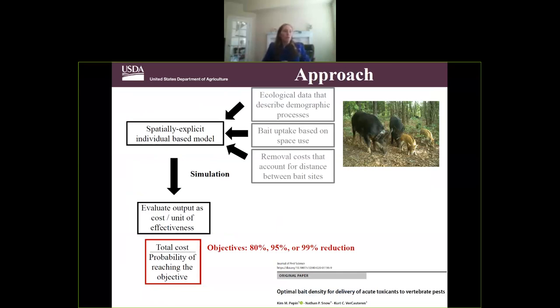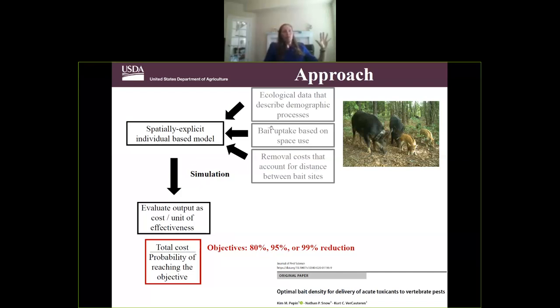We looked at these questions using a spatially explicit individual-based model. This model included a lot of information about the ecological processes in pig populations, and then the bait uptake process relative to where pigs are on the landscape, and then removal costs that account for distance between bait sites.